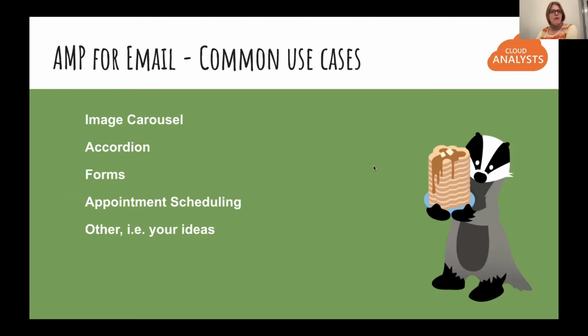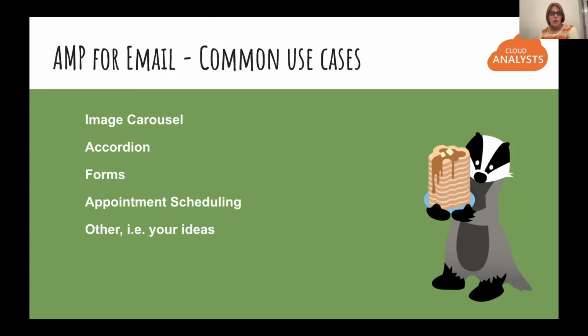Now, there are a couple of common use cases. Common, it's not that common that people are using AMP for email just yet, but the most common use cases are: one, an image carousel, where the sky's the limit on what you can do with it. I'm going to give you a little demo in a minute. An accordion, which is basically collapsible information.